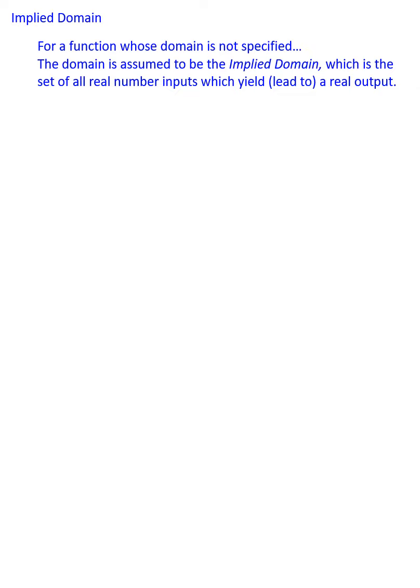In other words, if a function is listed as a formula and no domain is specified, the implied domain is assumed to be all real numbers that you could plug into that function as an input that would yield or lead to a real output.